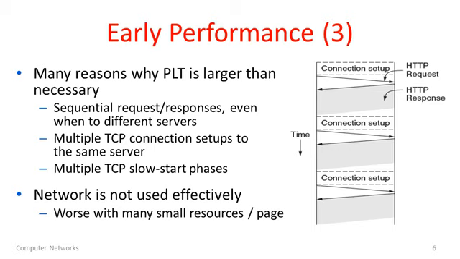And because we're sending only one request per TCP connection, this means that we have all of the overheads of a TCP connection for every request. So in particular, we have like 3 connection setups, when if these resources all came from the single server, we would only really need 1 TCP connection set up to it.